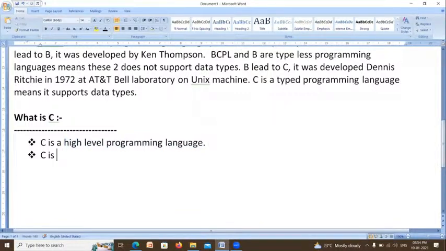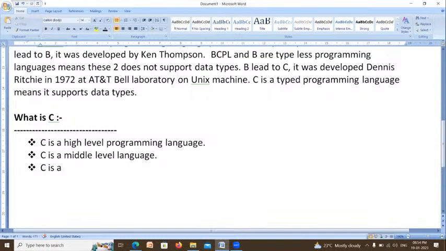C is a middle level language. Why? Because C language supports low level language features as well as high level language features. So it is called a middle level language.